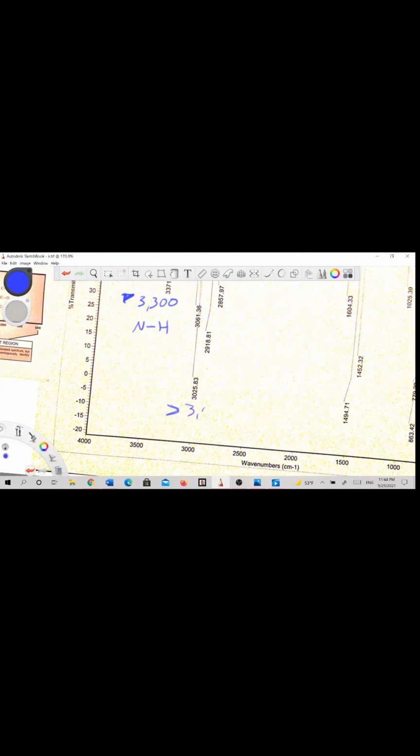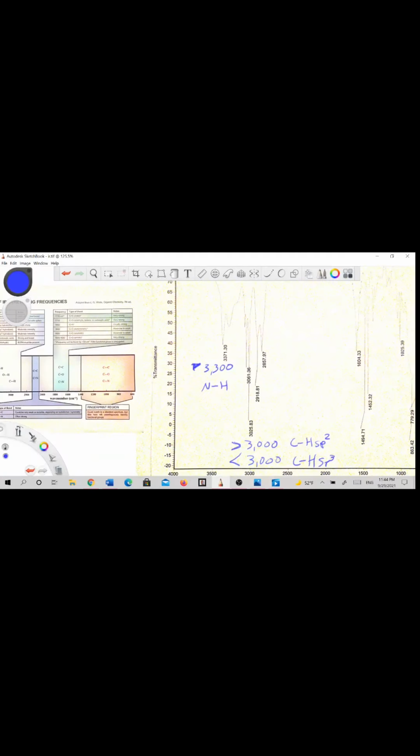What these potentially mean is that these are probably carbon-hydrogen sp2 hybridized and carbon-hydrogen sp3 hybridized, as you can see right here. Those were the most important peaks on our graph.